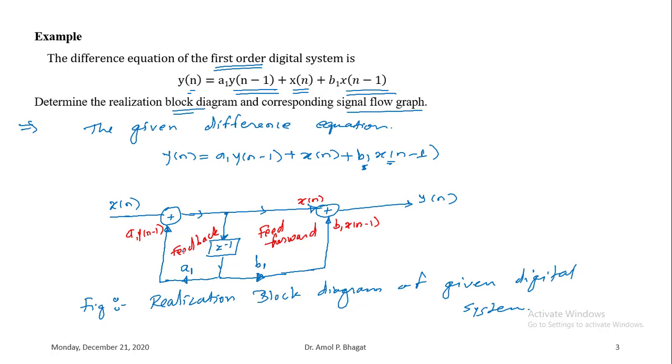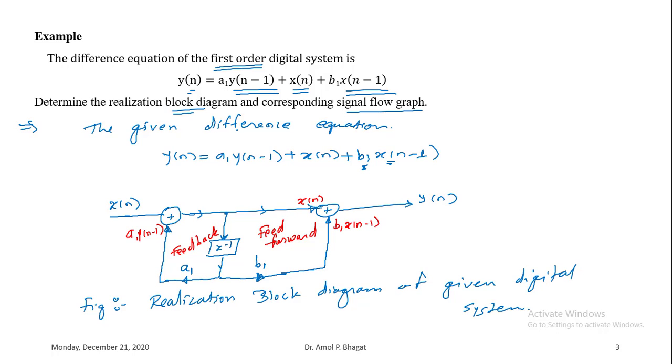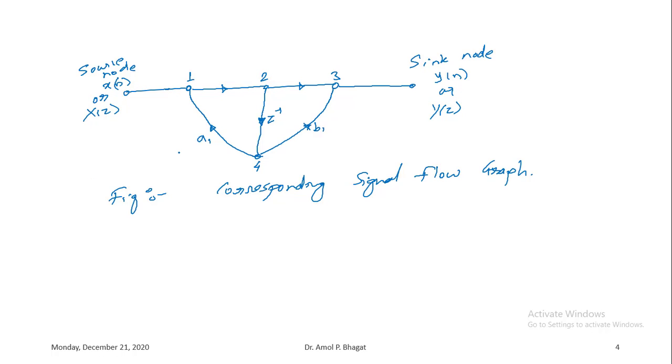Okay, so from this realization structure we obtain this signal flow graph. Okay, so this is how you can solve this example where we identified the realization block diagram as well as the corresponding signal flow graph, right?